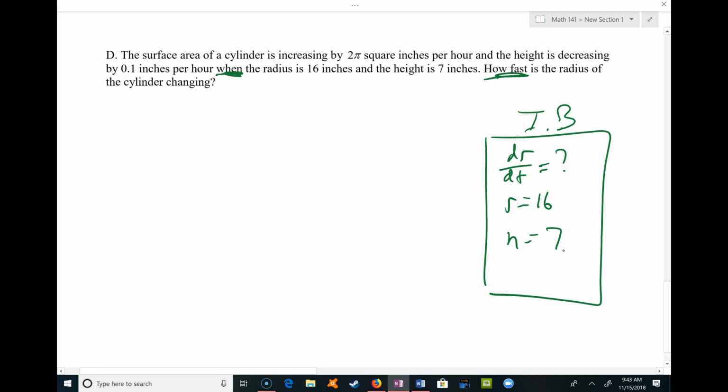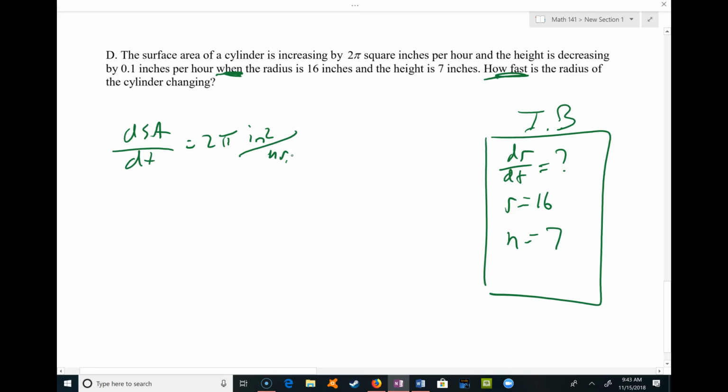So now I need to somehow figure out what information I have. So the surface area of a cylinder is increasing. What's that? dSA dt by 2 pi square inches per hour. We all agree that's dSA dt? Is that true all the time?